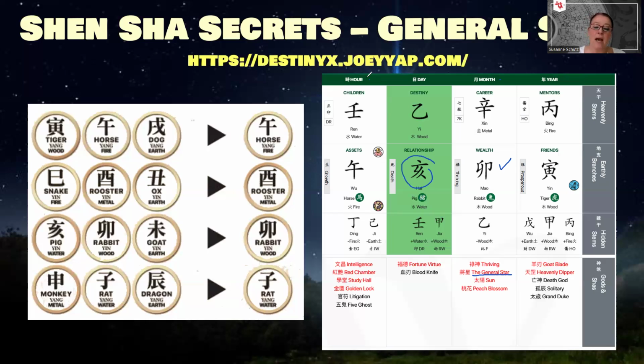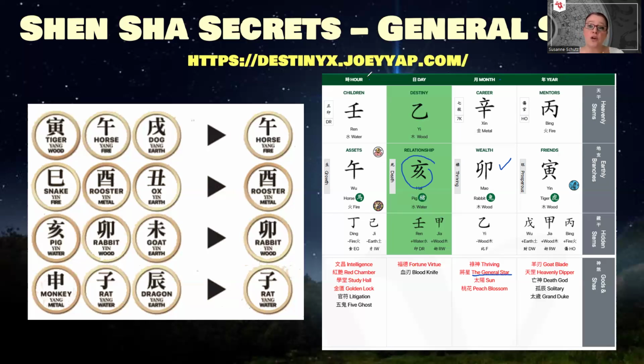The general star generally denotes leadership skills, sportsmanship. They're very competitive, generally speaking, and also literary skills. So there's three things: leadership skills, literary skills, and sportsmanship.